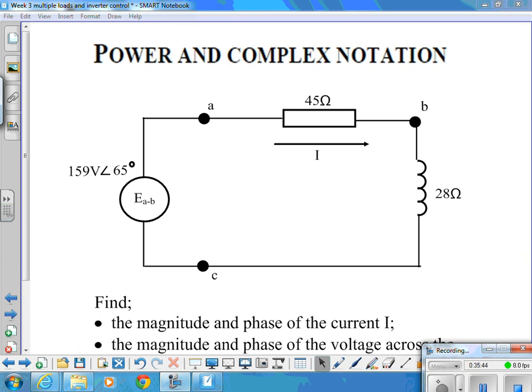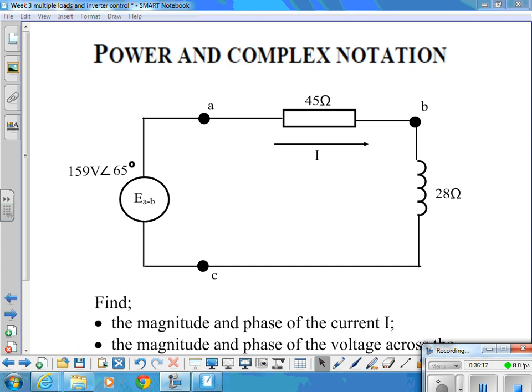So what we are going to do now is look at a problem involving power where we need to use complex notation. We've got a series circuit of 45 ohms resistance, 28 ohms inductance, being supplied by a voltage source of 159 volts at an angle of 65 degrees.